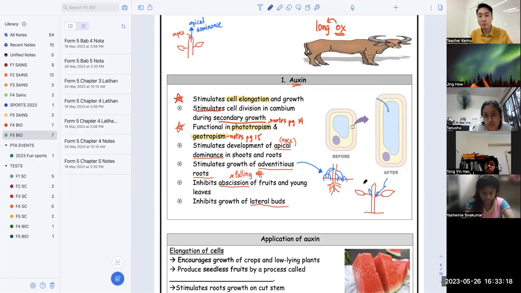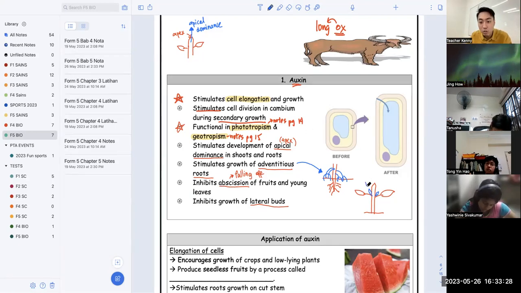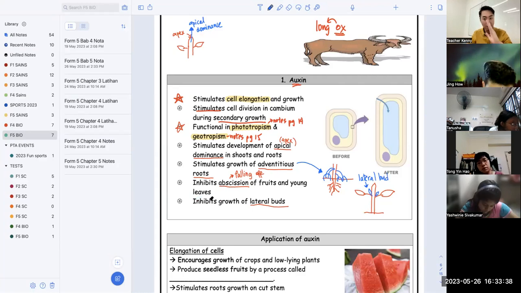Because auxin is mainly for dominance of the apex, grow upwards, don't grow bushy branches. So it says, don't make the plant more bushy, just stop. This is called lateral buds. Again, inhibits means stop. Stop the growth sideways. Grow tall, don't grow bushy.